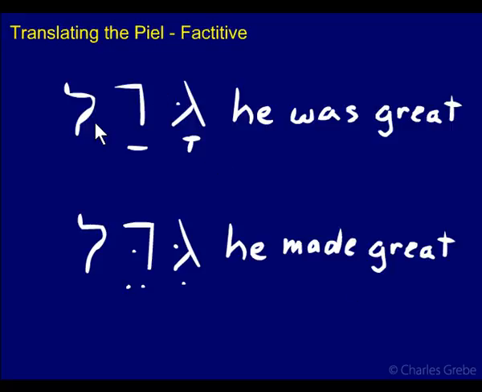But what's happening here is in the Qal, great is describing, well, in English we have an adjective there, but it is a stative describing the state of the subject. Here, this is not talking about the subject. This is talking about he made something else great. So here it's stative, here it's not. Here it's intransitive, there's no object. Here it is transitive. He made something else great. So it's transitivizing, if you want a nice fancy word. So gadal, gadel: he was great, he made great.